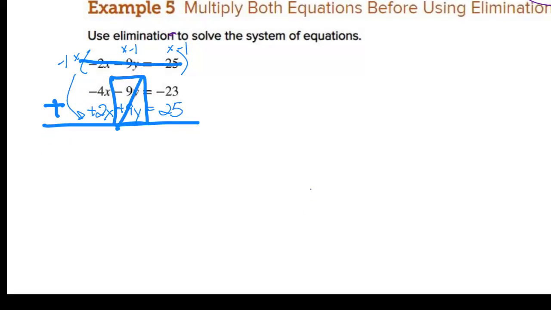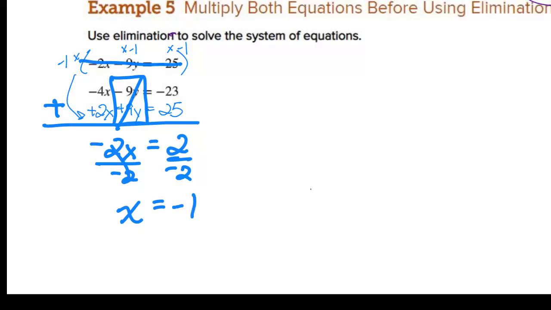Negative 4x and 2x is negative 2x. And negative 23 and 25 is going to be 2. Solve for x, divide by negative 2, divide by negative 2. X is equal to negative 1.